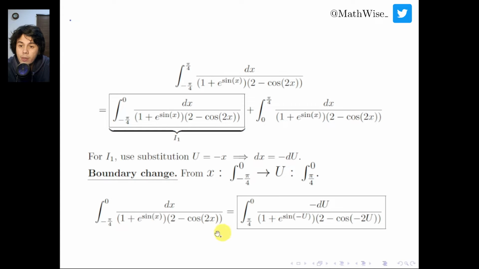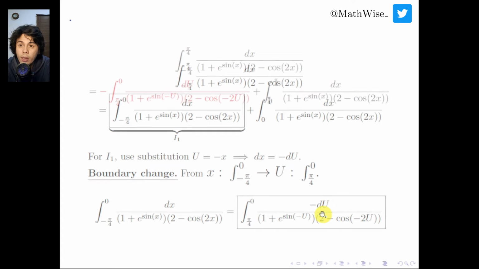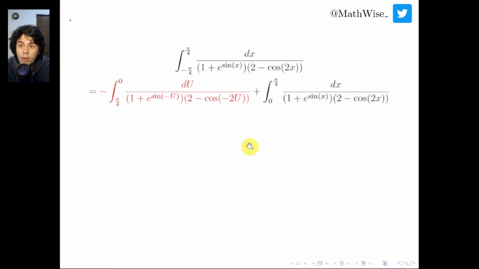So we have this integral in terms of u, from pi over 4 to 0 of minus du over 1 plus e to the power of sine minus u, because x is minus u, and then times 2 minus cosine minus 2u, because x is minus u, and dx is just minus du. That is easy. Okay, so now let me rewrite this in terms of u.